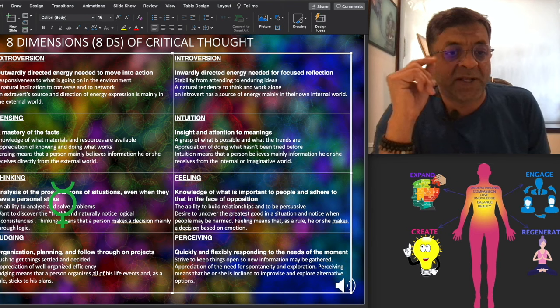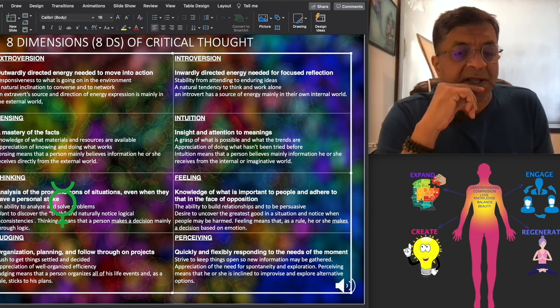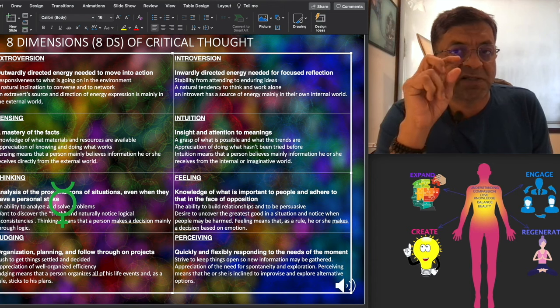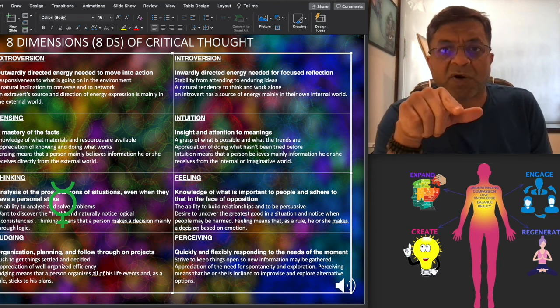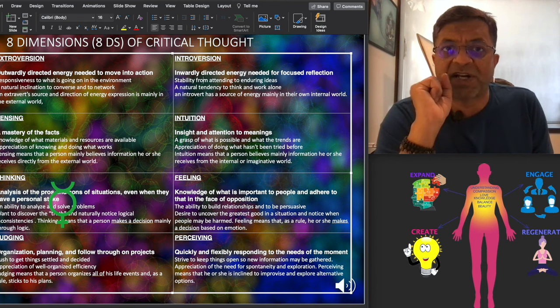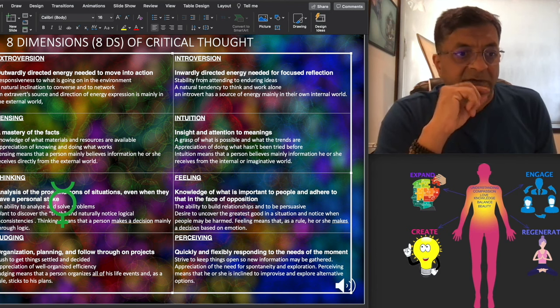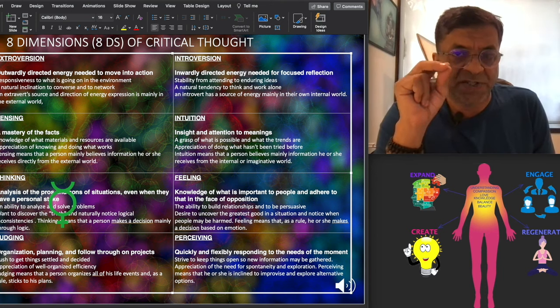An ability to analyze and solve problems, want to discover the truth, and naturally notice logical inconsistencies. They have an eye for this detail. Logical inconsistencies. You said that back then, but now you're telling me something contradictory. They can catch contradictions or self-contradictory statements very easily. They have a natural talent for it. Thinking means that a person makes decisions mainly through logic and reasoning.